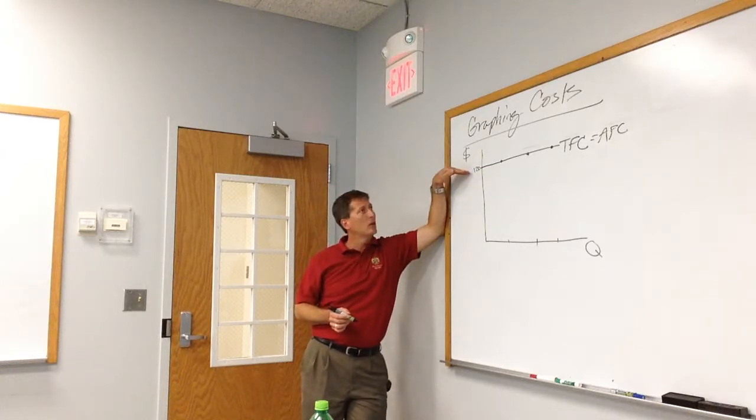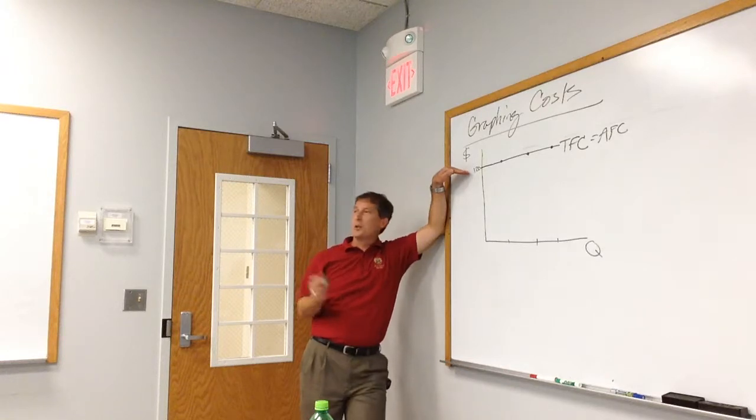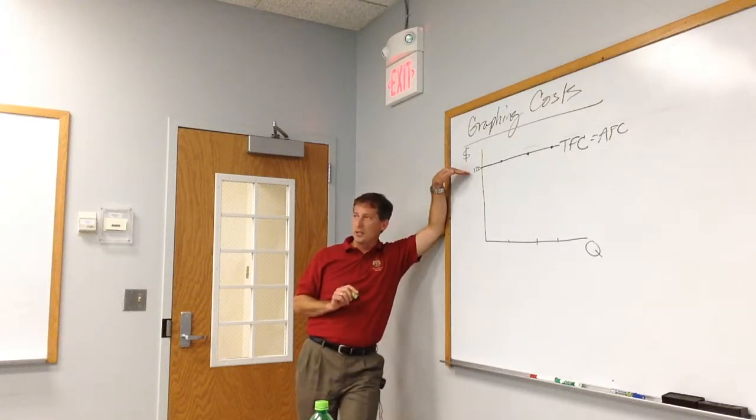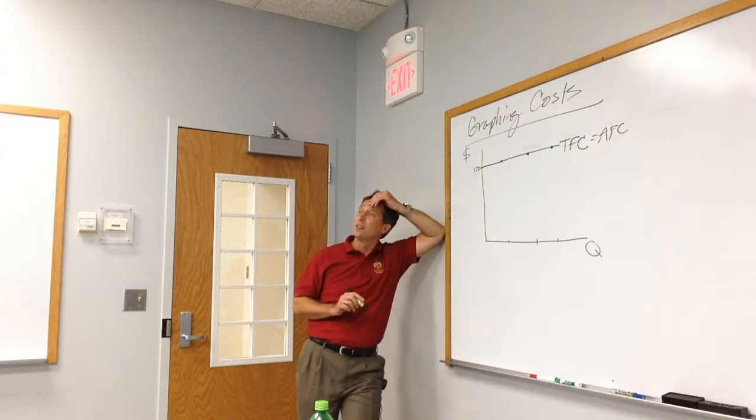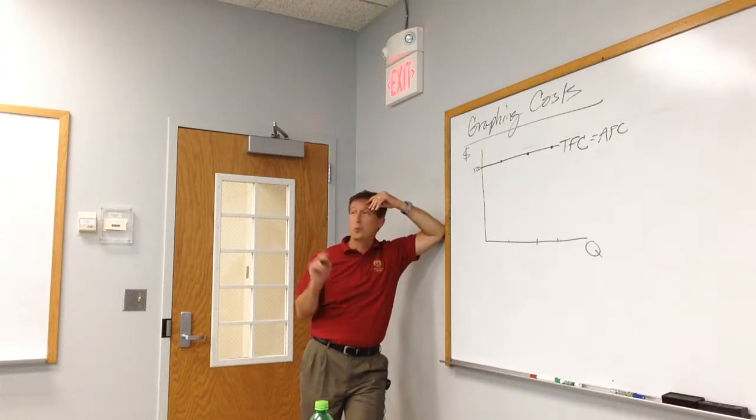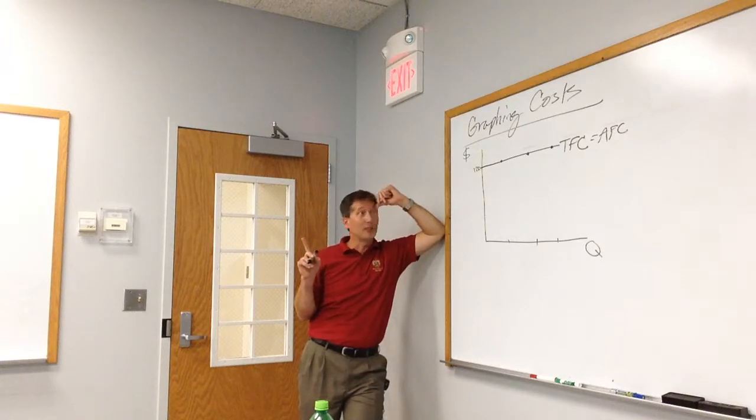So if I produce 10,000 units, what is my average fixed cost? $12, right? So if I produce 1 unit, what is my average fixed cost? $120,000. My first unit's pretty darn expensive, isn't it?